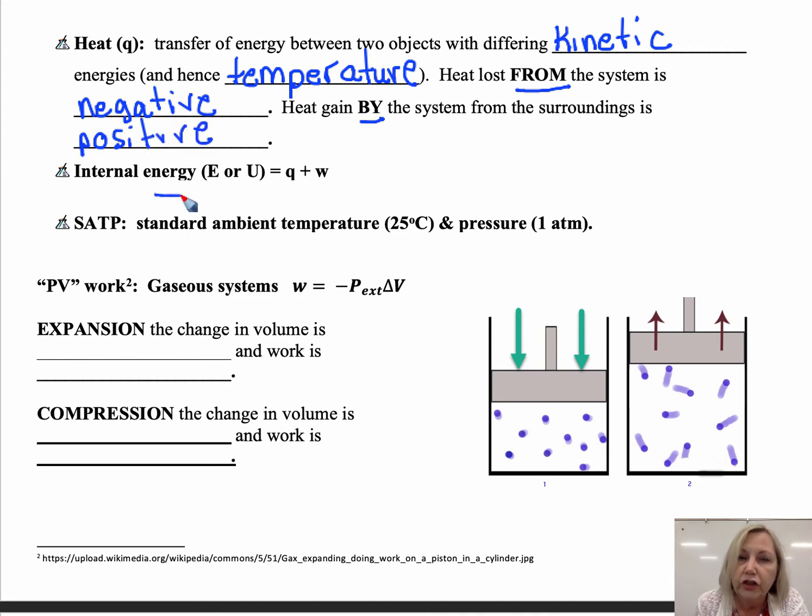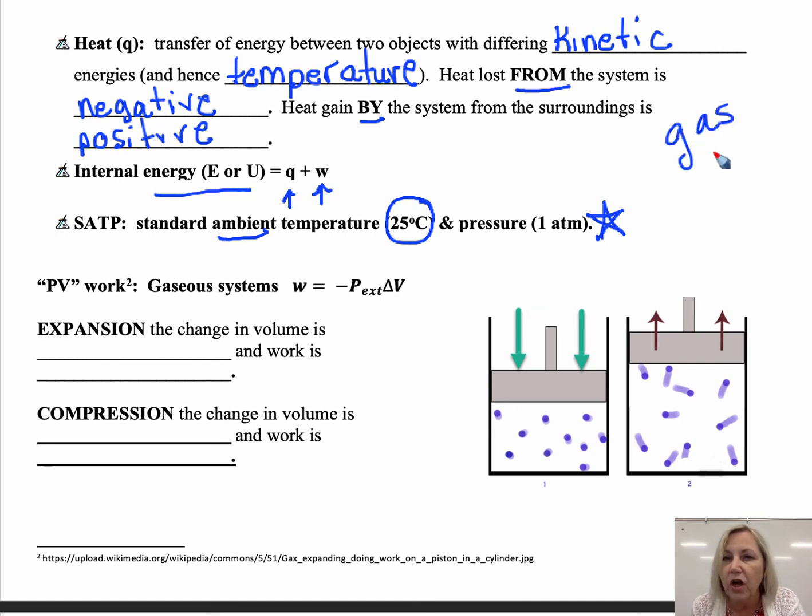Now, our internal energy of the system, we're not going to talk a lot about that at this level, but you should know the basic definition, that it's going to equal the heat exchanged and the work involved. And all of this is going to be calculated under standard ambient temperature and pressure. Ambient is 25 degrees Celsius.